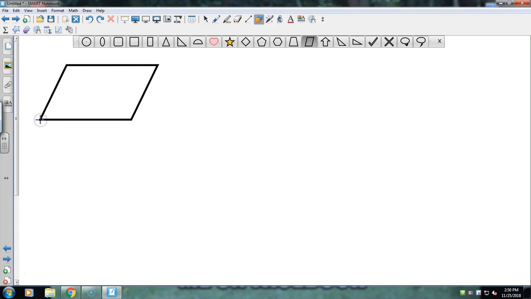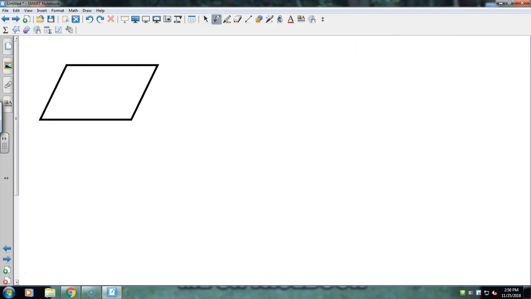And I'm going to label this specific one in a clockwise motion. And so I'm going to go down, and instead of marking this up, I'm going to list some specific things that are true. In a parallelogram, the opposite sides are both parallel and congruent.